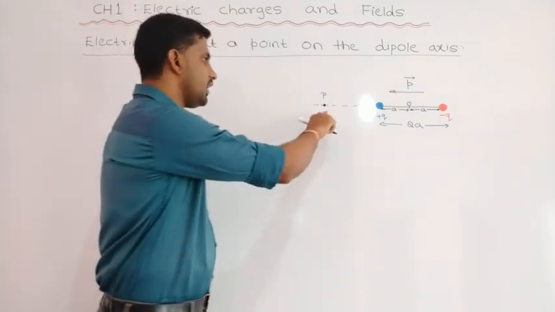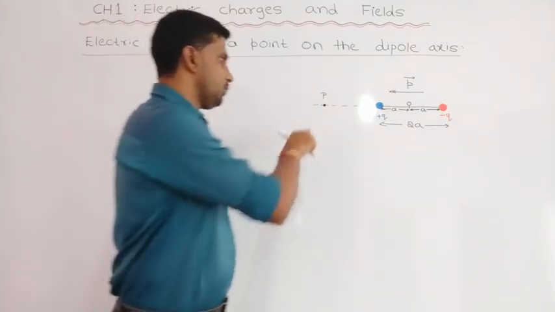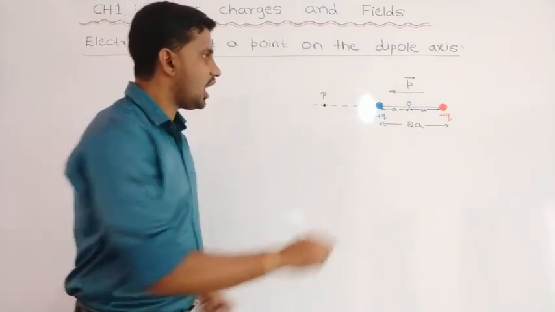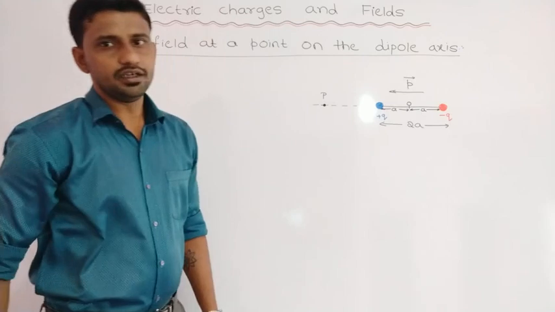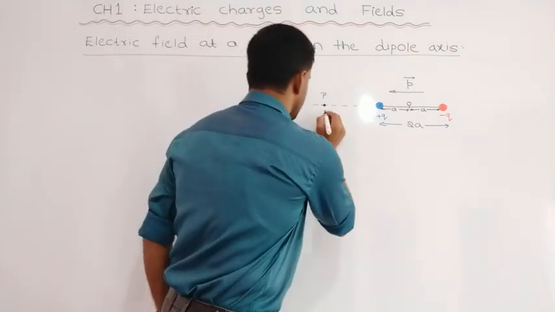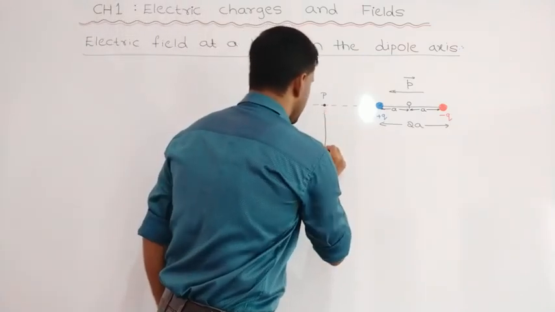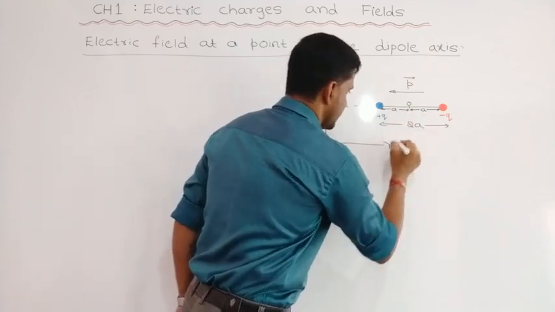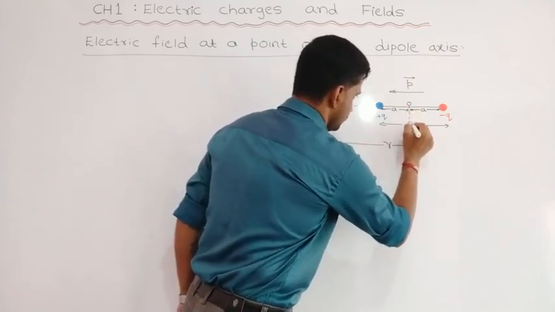This point P has a distance r from the center of the electric dipole. So the distance from point P to the center of the electric dipole, I am taking as r.